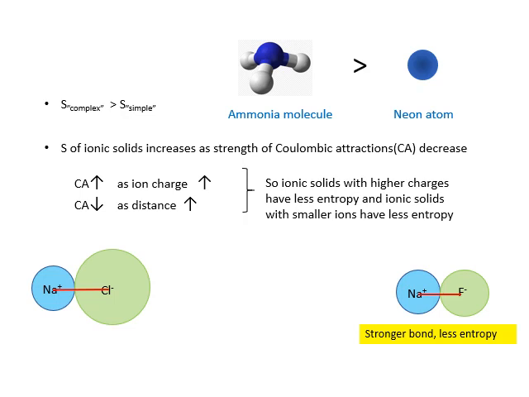So ionic solids with higher charges have less entropy, and ionic solids with smaller ions will have less entropy. Finally, entropy decreases when a gas dissolves in a liquid because confining the gas molecules to the liquid system reduces their number of microstates.